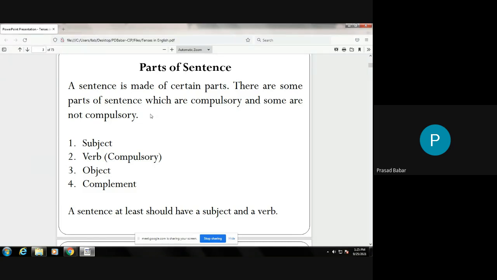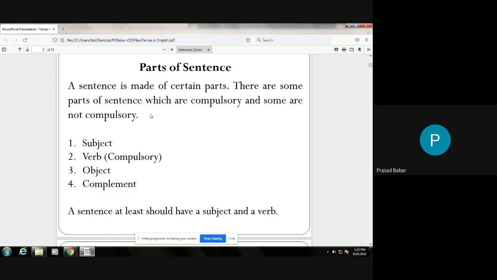Generally we need at least a subject and a verb to form a meaningful sentence. So when we are using these two, they are the compulsory parts. Verb is the compulsory part.